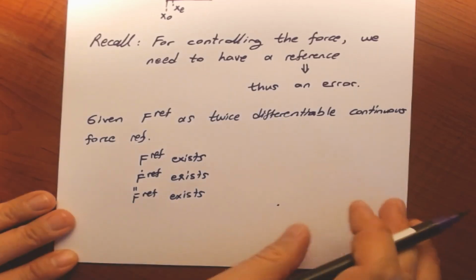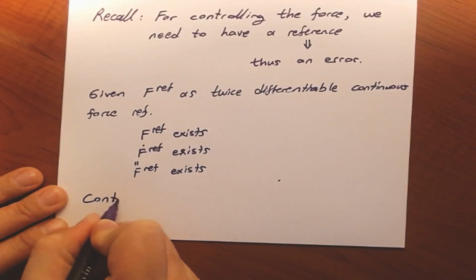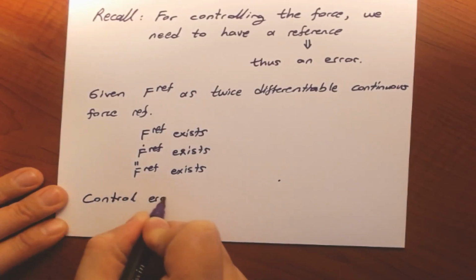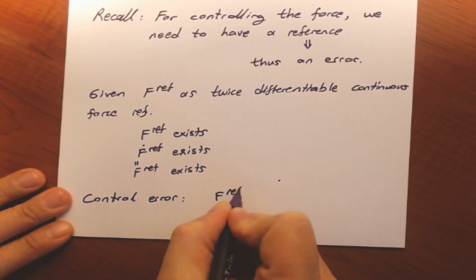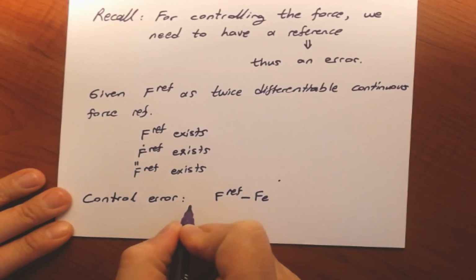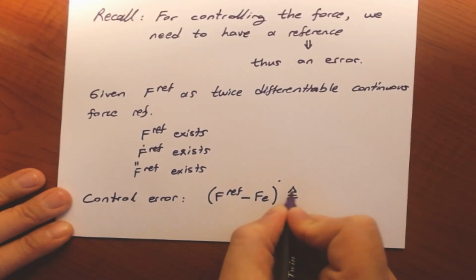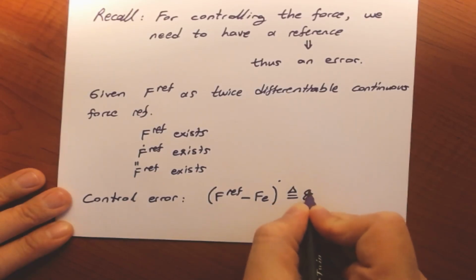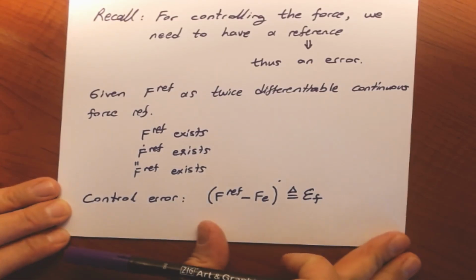Well, obviously the control error will be f ref minus f environment, right? So let's define this to be EF, force control error.